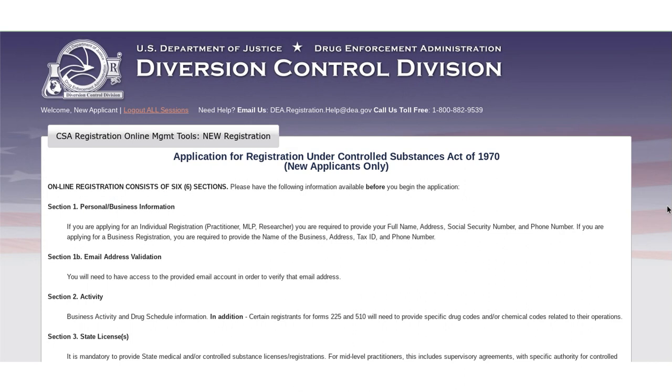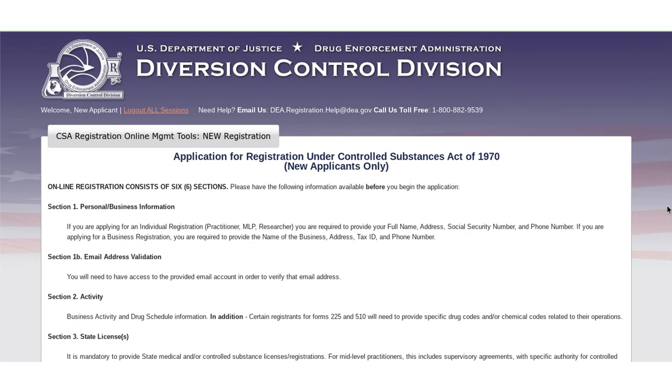This is going to prompt you to another page where it tells you everything you need to know to continue with the application. If you're applying as an individual, you're going to need your full name, address, social security, and phone number. If you're applying as a business, you're going to need your business name, address, tax ID, and phone number.